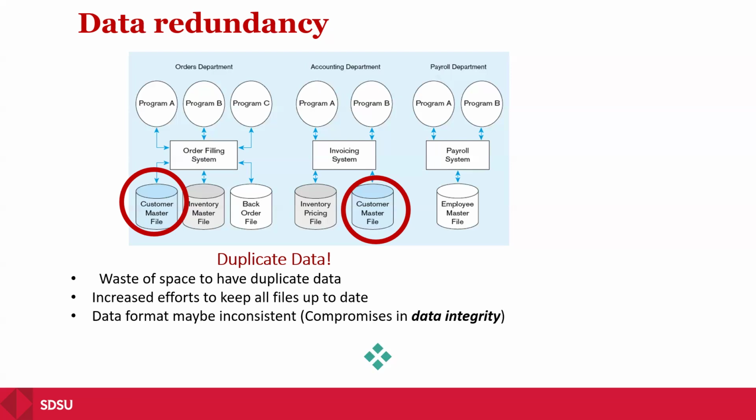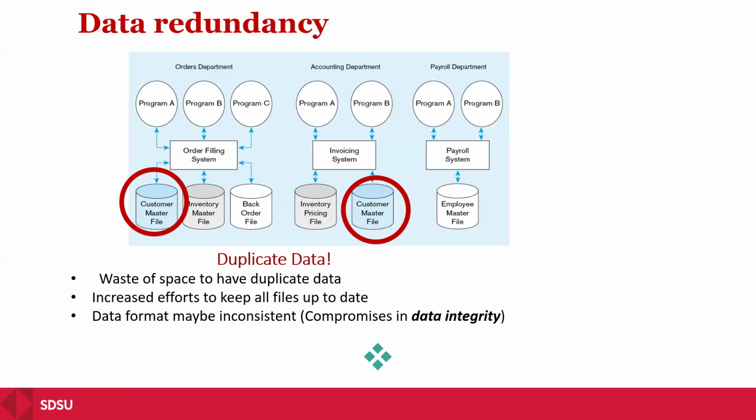Also, it's important to note that the format of those customer files for two departments can be completely different. Again, there is no standard file format for a file processing system, and in this case, having different formats of two different data files compromises data integrity.